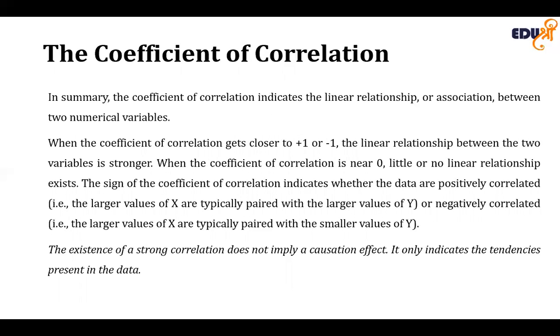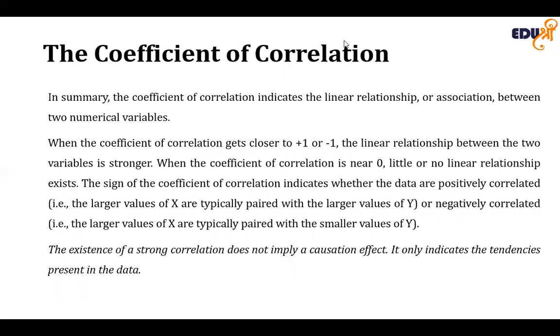In summary, the coefficient of correlation indicates that there is a linear relationship or association between two numerical values. When the coefficient of correlation gets closer to +1 or -1, the linear relationship between the two variables is stronger. When it is near 0, little or no linear relationship exists.